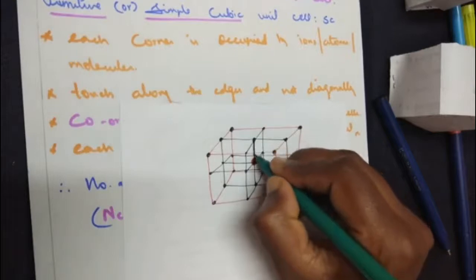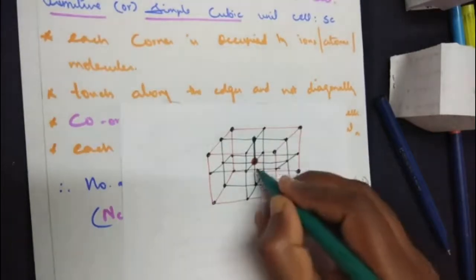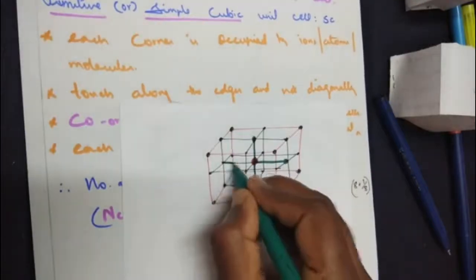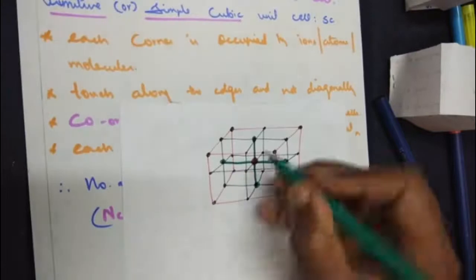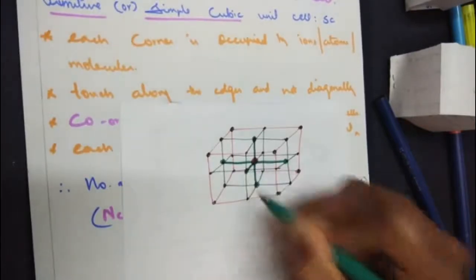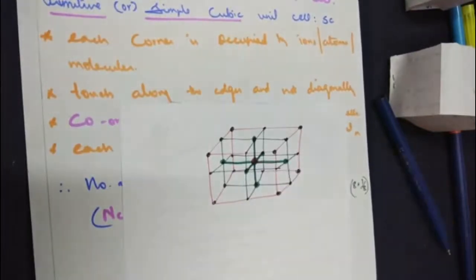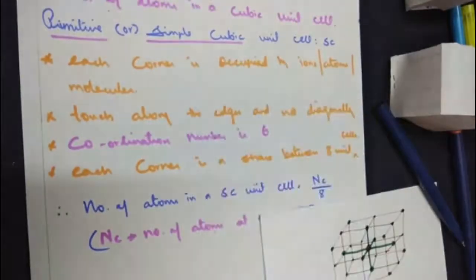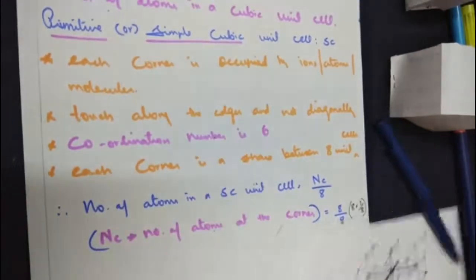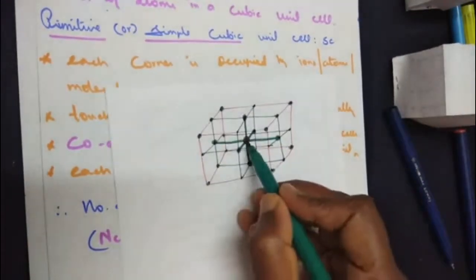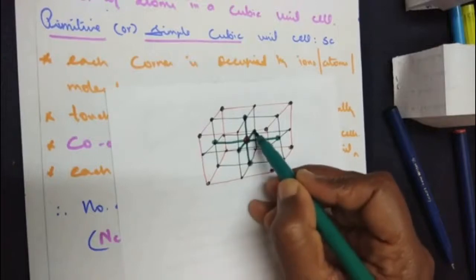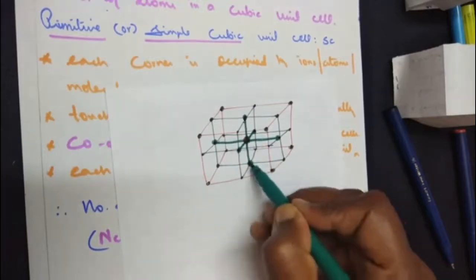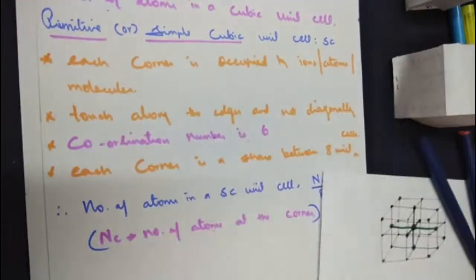If you see here, one neighbor here, another neighbor 2, one neighbor here and one neighbor here, 4. 2 more are there, 1 in front of the plane, 1 behind the plane. So together, what's the coordination number for a primitive or simple cubic unit cell? Coordination number is 6. If the point of interest is here and you count the number of atoms surrounding the particular particle, 1, 2, 3, 4, 5, 6 are there. So coordination number is 6.